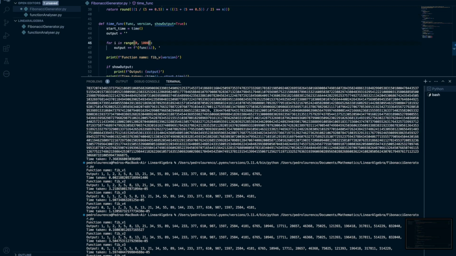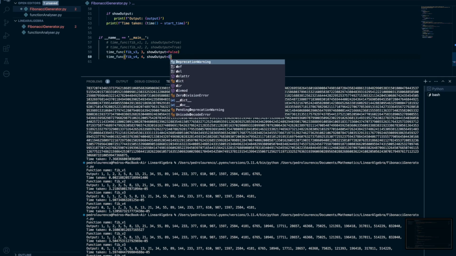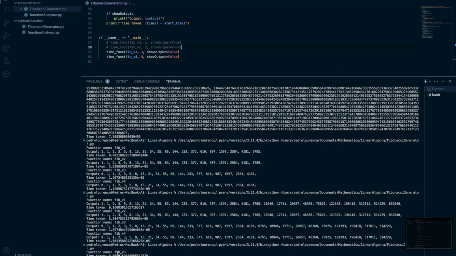So then if you do 1,000, we know that versions 1 and 2 would just crash, take too long. So let's just do versions 3 and 4 and turn the output to false so we don't show it, because otherwise it'd be a mess. Then let's see. Okay, so this one, 0.010, is quite good.